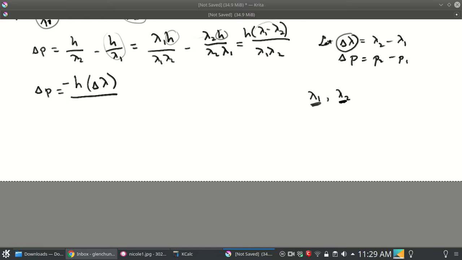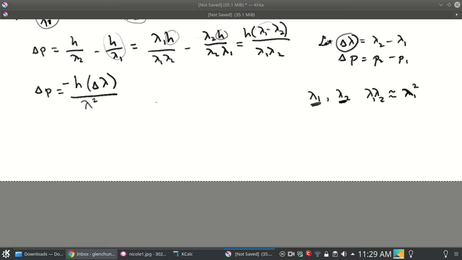So since the difference between lambda 1 and lambda 2 is just some error or uncertainty, lambda 1 times lambda 2 is almost equal to lambda 1 squared, or lambda 2 squared, because lambda 1 is very close to lambda 2. The only difference is some uncertainty, some error. So I'm just going to call this lambda squared down here.